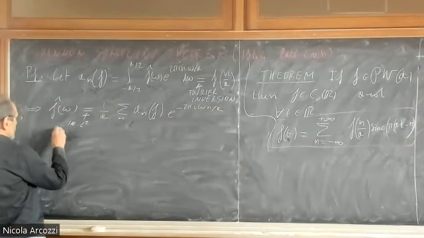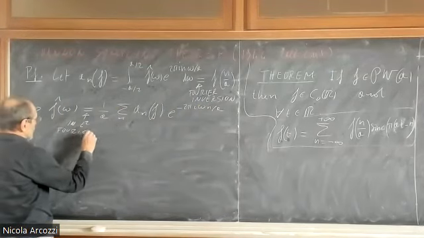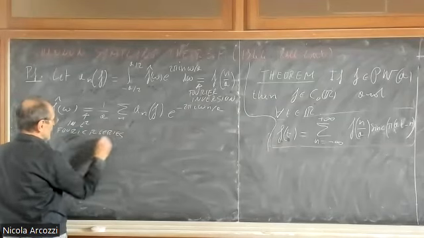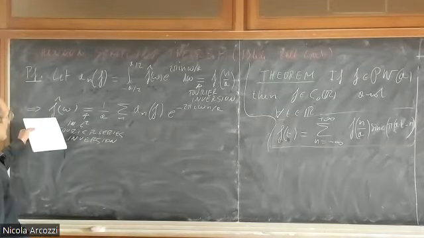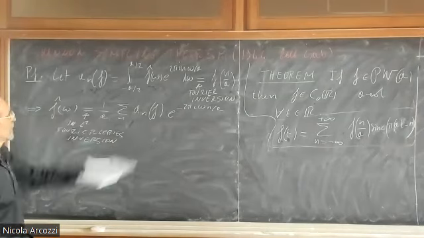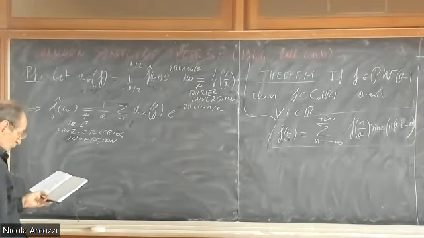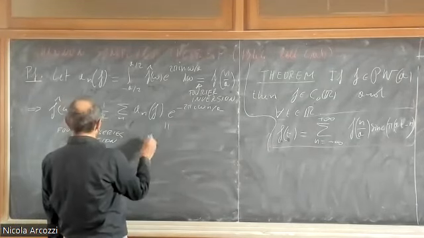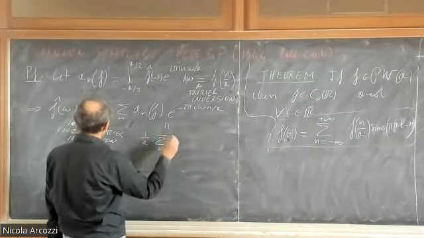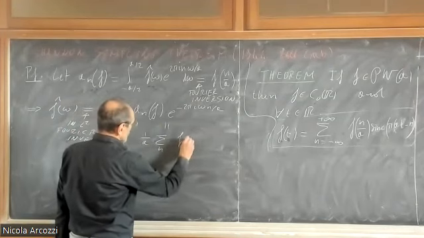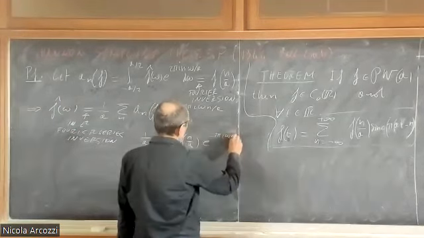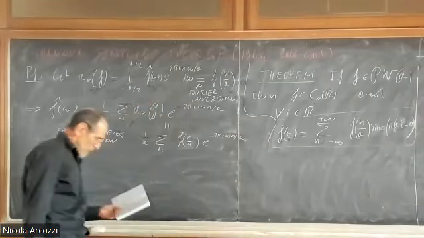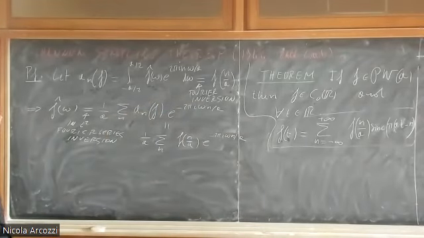That's the Fourier theory version, which says that I can reconstruct a function in L2 of the interval minus a over 2, a over 2 by its Fourier series. But that's 1 over a, sum over n, and we said a_n was f of n over a, times e to the minus 2 pi i omega n over a.